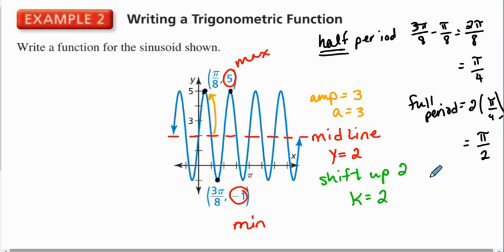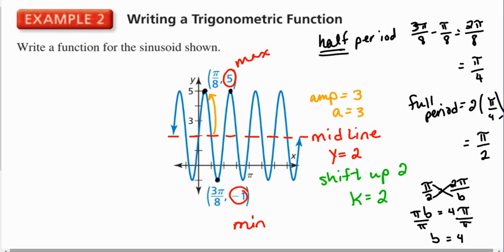Okay, so pi over 2 equals 2 pi over b, right? We took notes about what period equals and how it relates with b in a previous video. So if I cross multiply this, I get pi times b equals 2 times 2 pi is 4 pi. And now I can divide both sides by pi. And I get that b equals 4.